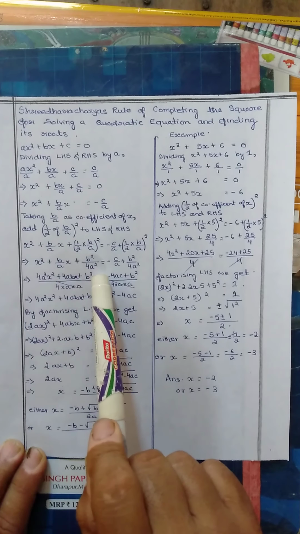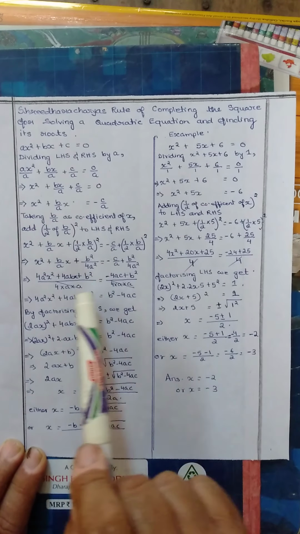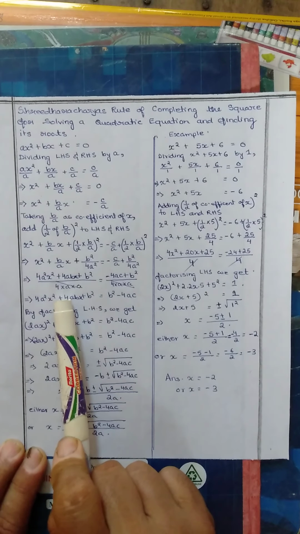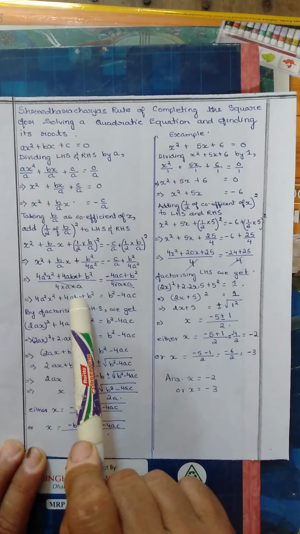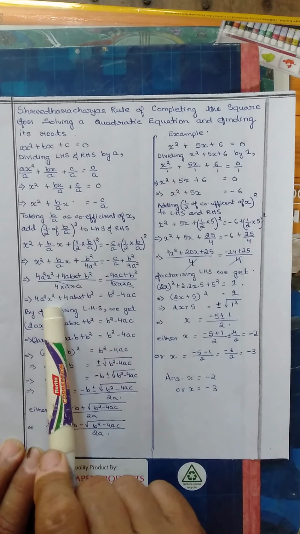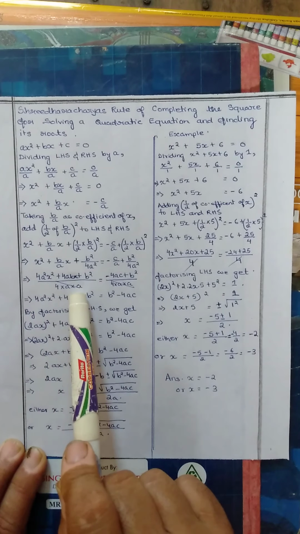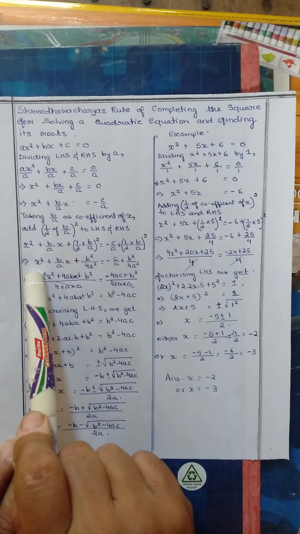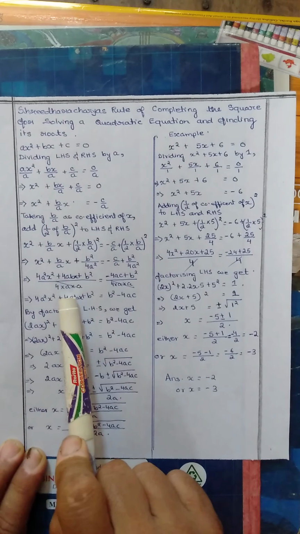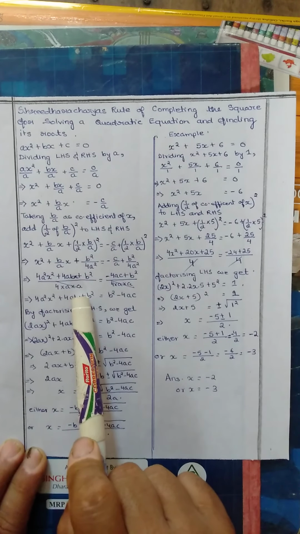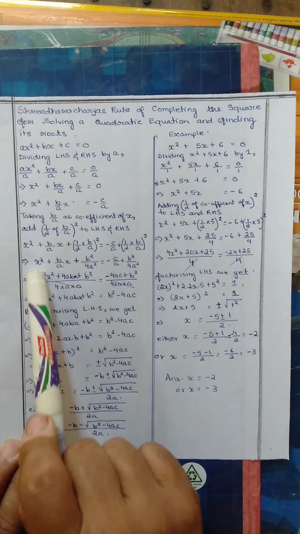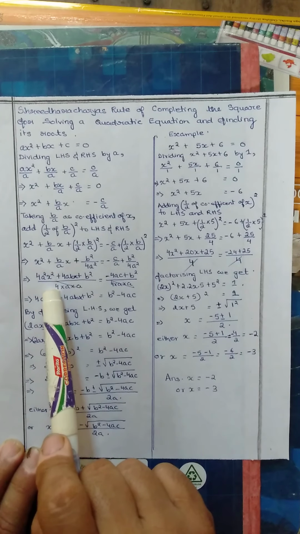Now you break this up as 4 into a, and 4a also 4 into a. Since these are fractions, addition of fractions, the LCM of the denominators on the left hand side is 4a squared, and similarly on the right hand side. Now when you divide, x squared is upon 1; 1 with 4a squared, you get 4a squared, so multiplying 4a squared with x squared gives 4a squared x squared.